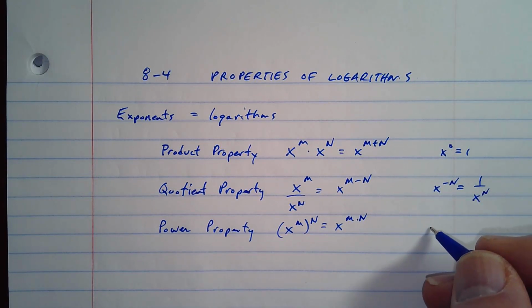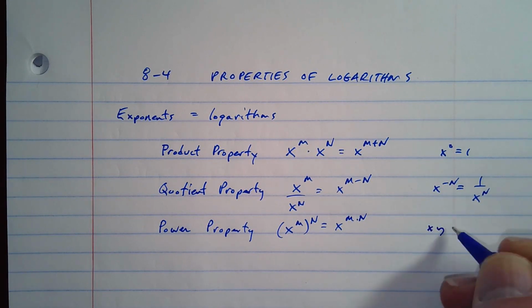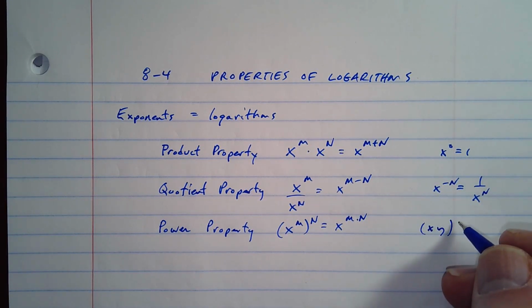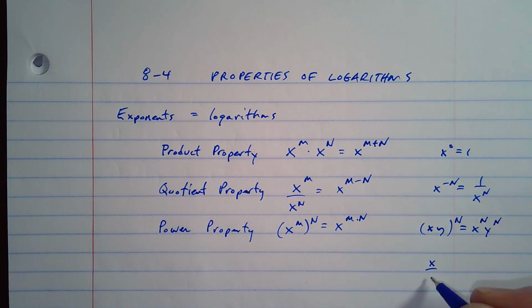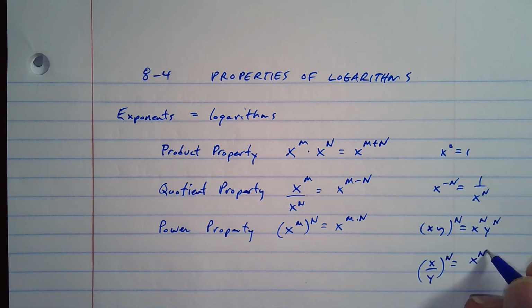And then the ones that had two bases. So for example, (xy) to the n equals x to the n, y to the n. And same for a fraction. If I raise a fraction to a power, I can do the numerator to that power and the denominator to that power.